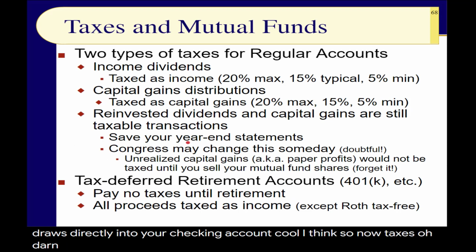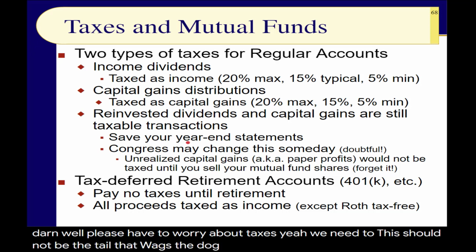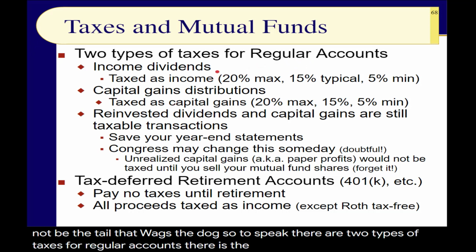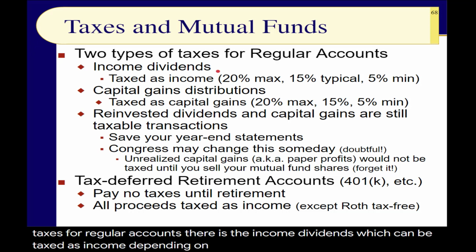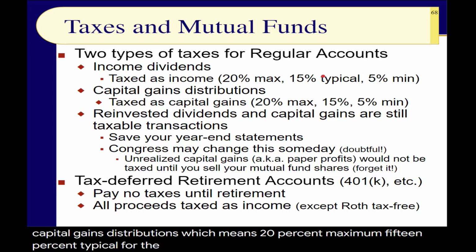Now, taxes. Oh, darn. We have to worry about taxes. Yeah, we need to keep taxes in mind, but taxes should not be the tail that wags the dog, so to speak. There are two types of taxes for regular accounts. There's the income dividends, which can be taxed as income depending on your situation, but typically are taxed as capital gains distributions, which means 20% maximum, 15% typical for the vast majority of us, and 5% for some people, depending on how much money they make.